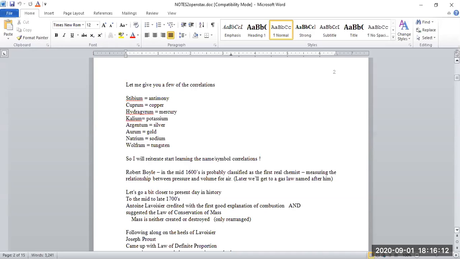Okay, it's copper. We kept the Cu part for the symbols. Hydrargyrum, which is mercury. We use the Hg. Kalium, so that's potassium. We kept the K part. Argentum and aurum, silver and gold. We have Ag and Au.